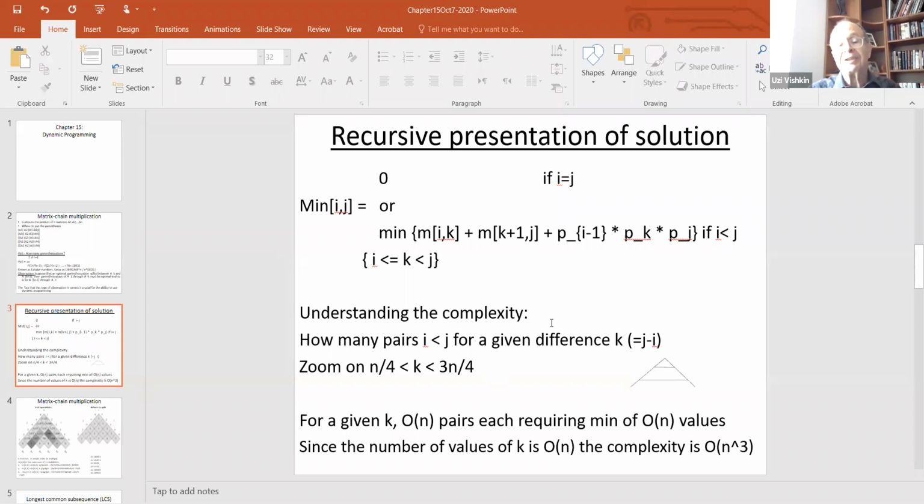And for each of these gaps, how many values will I need to compute? Order of n. So each of these rows in this space, and I have a total of n over 2 rows, will require n squared work. And for that reason, the total complexity will be on the order of n cubed. It will be some constant times n cubed, but the constant may be lower than 1.